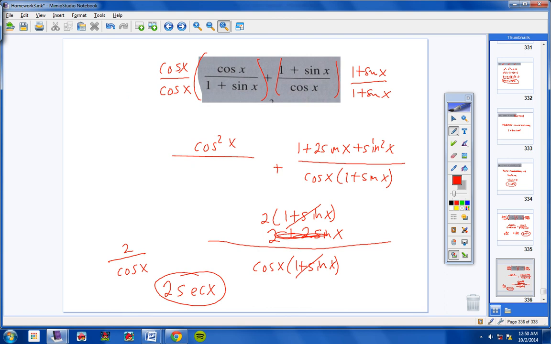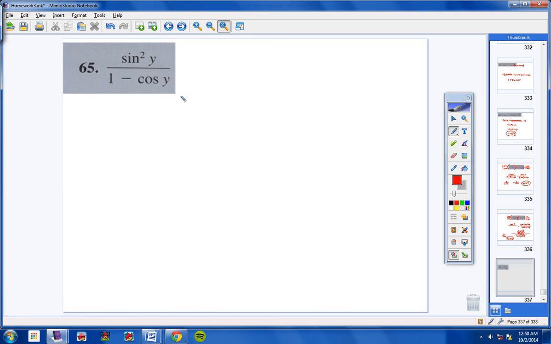And we're finally finished. Here we go. Number 65. Okay, they want us to eliminate the fact that we have fractions, so I'm going to multiply this fraction by 1 plus cosine y over 1 plus cosine y. Now I did that because of the reciprocal. The reciprocal of 1 plus cosine is 1 plus cosine. So here we go.